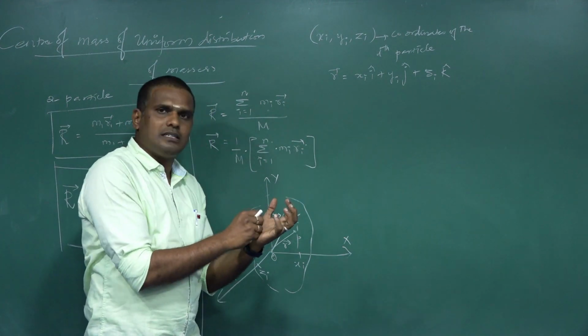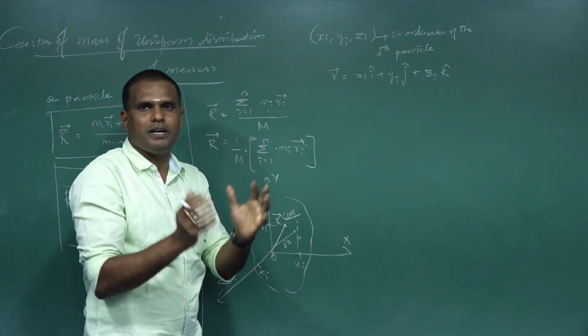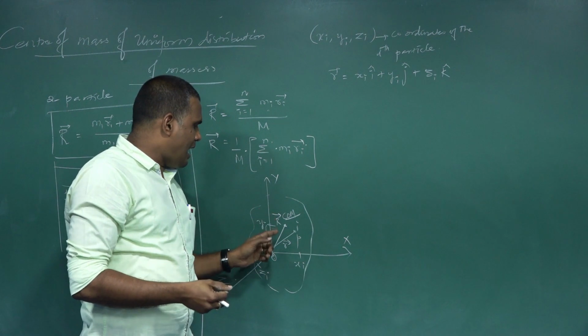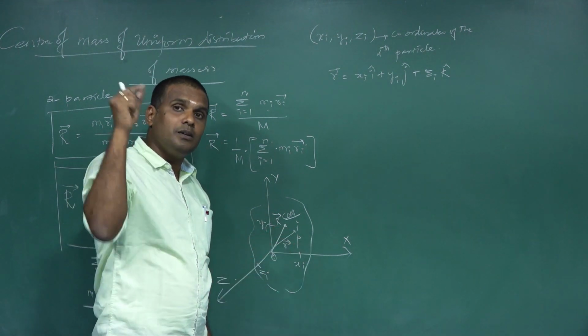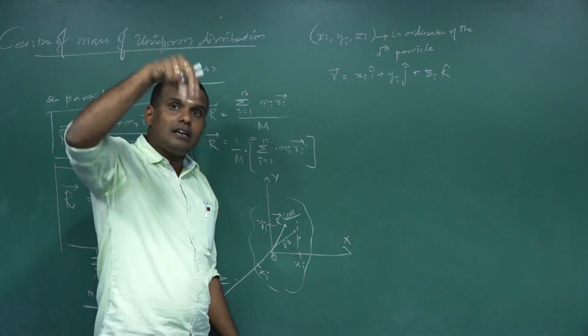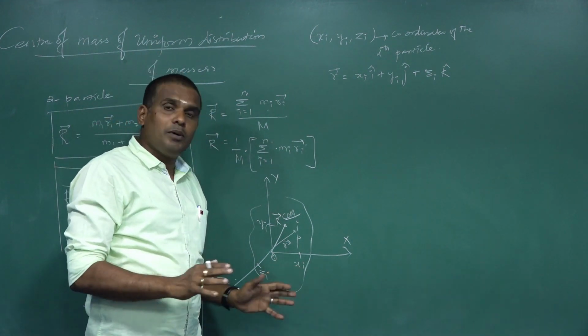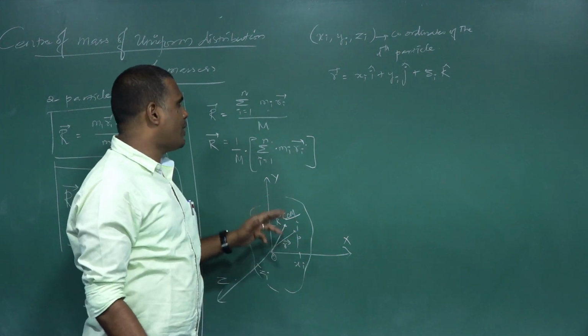So from some origin, if you want to calculate the position vector of the center of mass of the sphere or any other irregular shaped object, then I have to use the position vector as capital R vector, which indicates the position vector of the center of mass of the system, not the particle. It speaks about the whole system, the position vector of the whole system.